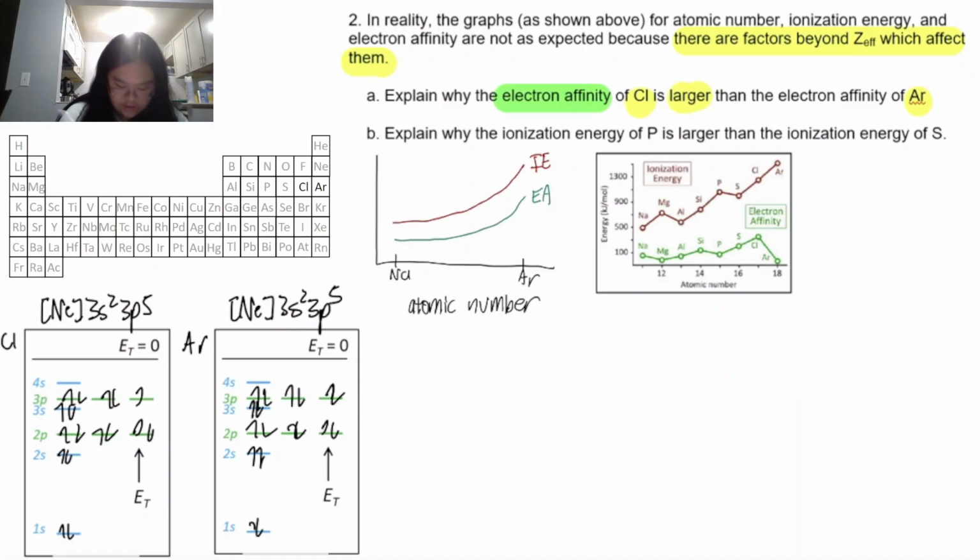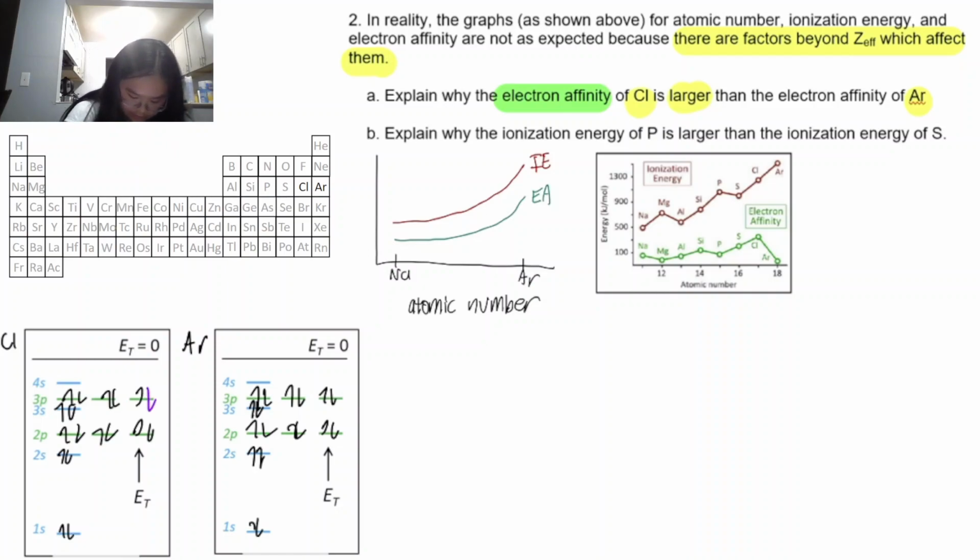Okay, so if you look at part A, you can see that we're being asked for the electron affinity. And if we remember, the electron affinity is the amount of energy released when a new electron is added. So let's see where that new electron would be added for each element. So it'd be added here in chlorine and be added here in argon.